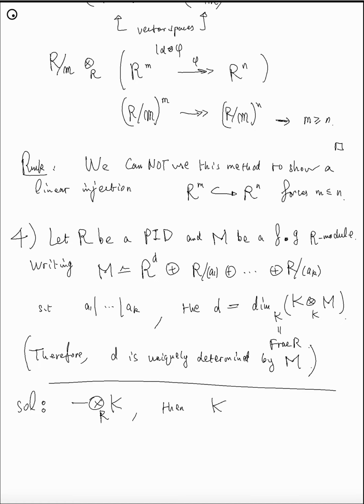We have K tensor M, as a K vector space, on the left hand side is isomorphic to, on the right hand side, K to the power d, because if there is torsion, then this is 0.